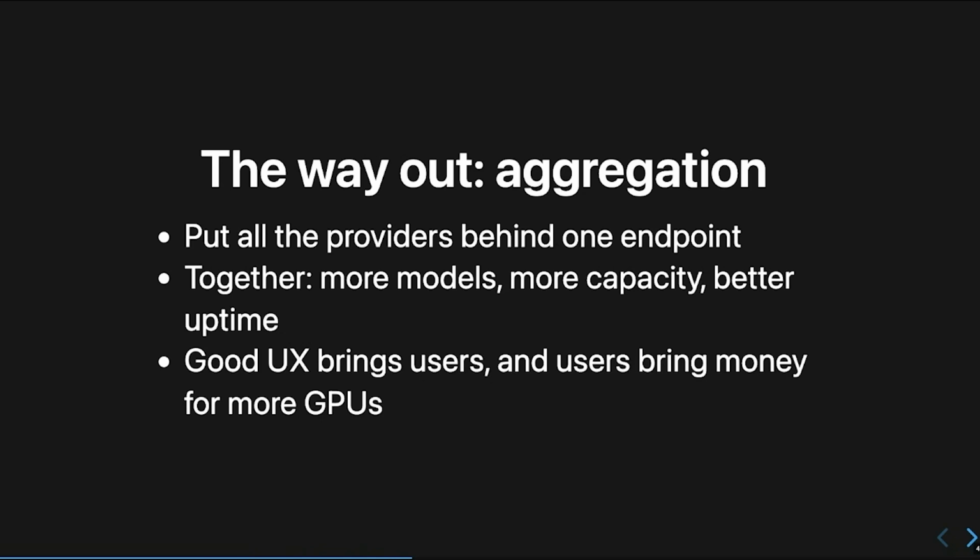So we want to do the same thing. If we can have an aggregator that is trusted execution environment native, confidential computing native, then you don't need to worry about who is serving your request, as long as the request can arrive on the GPU privately and securely, and it gives you a good user experience.